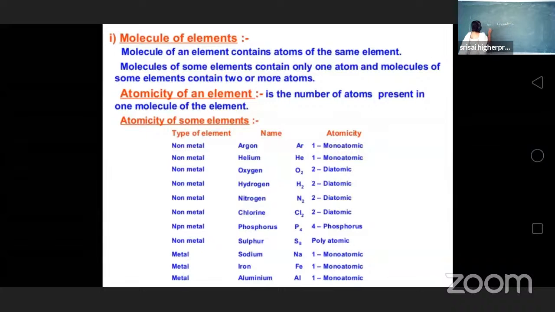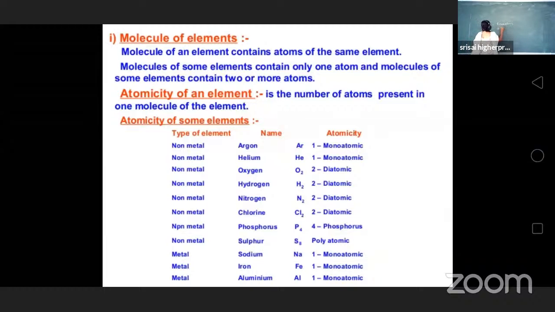Now take H2, hydrogen. Here two are there, so what do we say, students? One means mono, two means diatomic. Single means mono, two means diatomic.